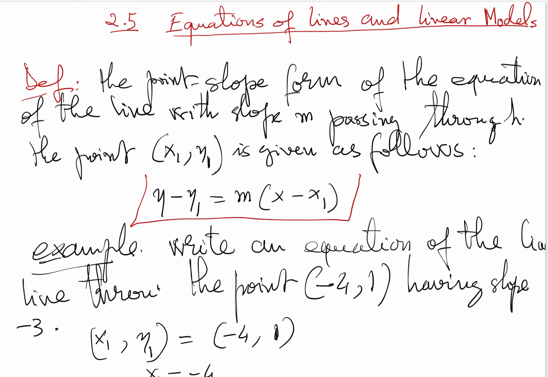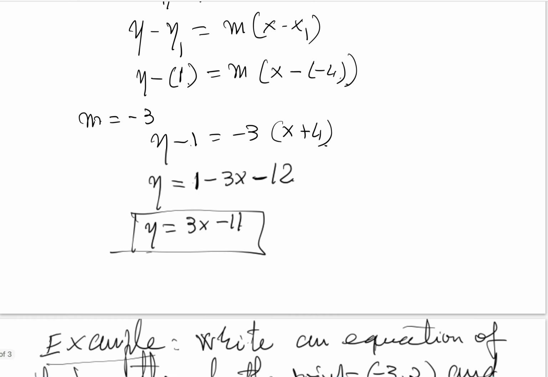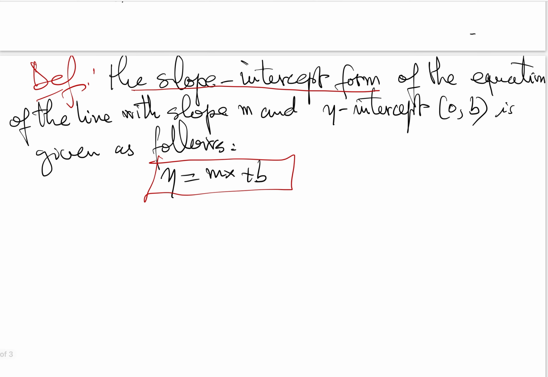The equation we have previously is called the point-slope form. Why? Because they give you the point and they ask you to find the equation. That equation is called slope-intercept form. Why? Because they give you the y-intercept, okay? And they give you the slope.